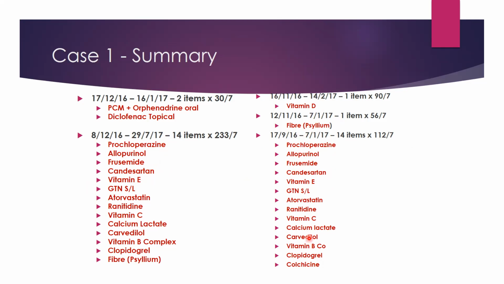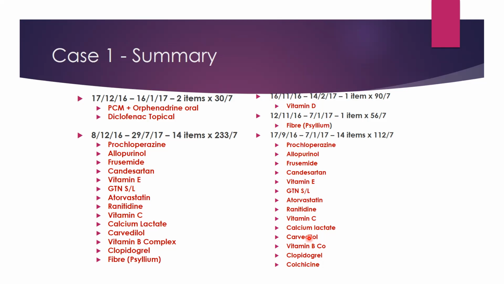So most likely the patient is already on two sets of medications. And the good thing now with the computerized system, this can be avoided because the pharmacy will be able to detect, oh, you're already on this medication before, so they will not dispense again. The doctor will know, oh, you're already prescribed this medication by other doctors, so I will not prescribe again.